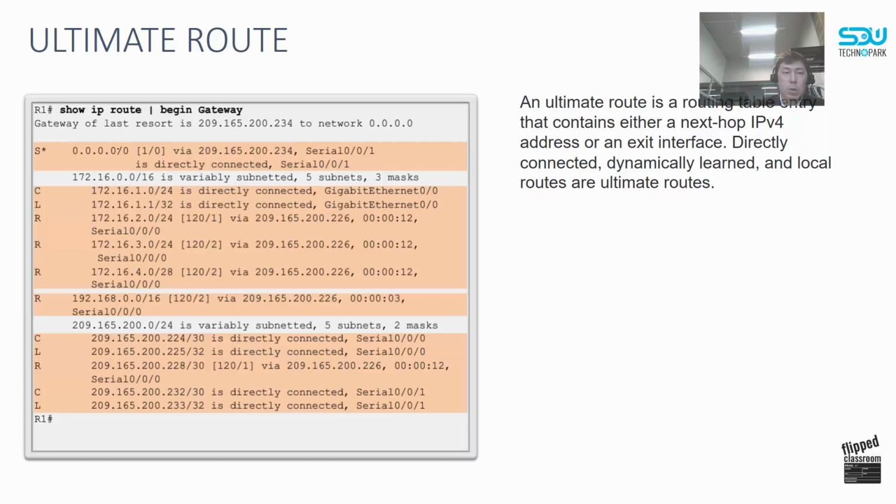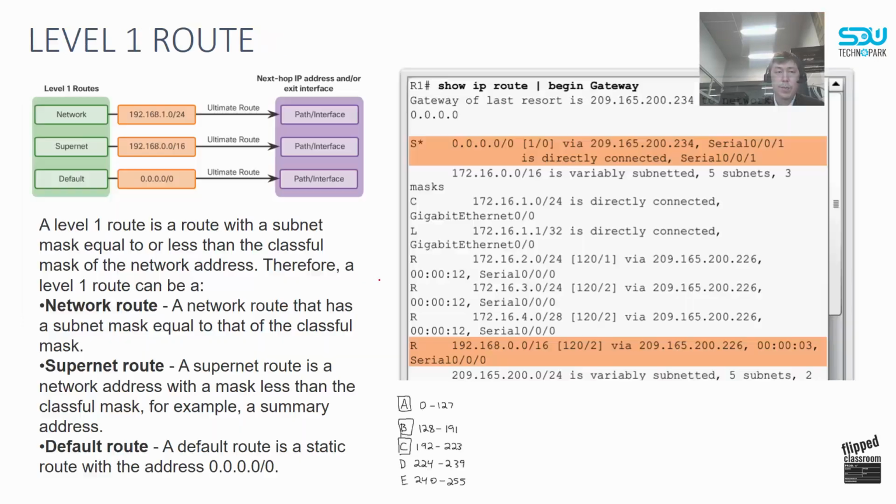For example, for the network 172.168.1.0, we have an exit interface and a next hop IP address. But some of these routes don't have any exit interface or next hop IP address. They are not called ultimate routes. So ultimate routes are routing table entries which consist of a next hop IP address or exit interface.